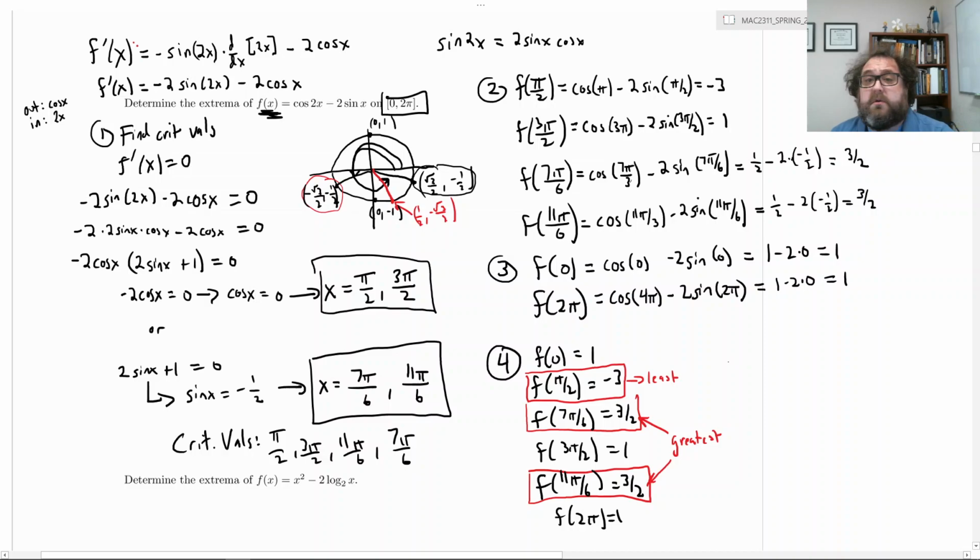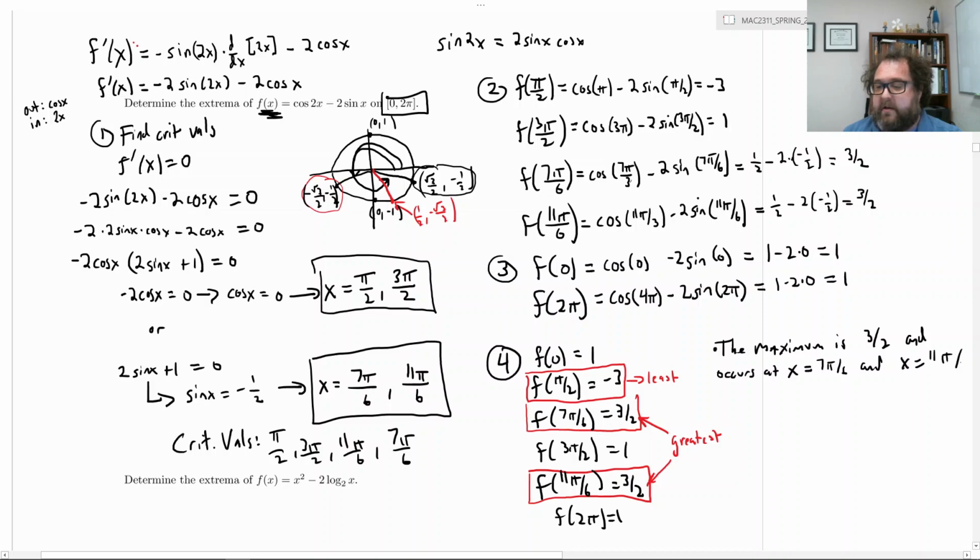So what can we say our conclusion is? Our conclusion is the maximum is 3/2 and occurs at x equals 7 pi over 6 and x equals 11 pi over 6.